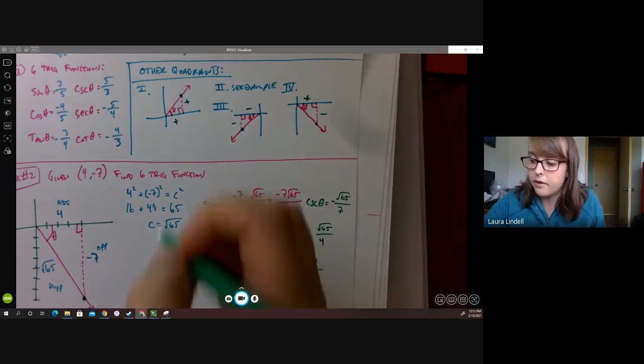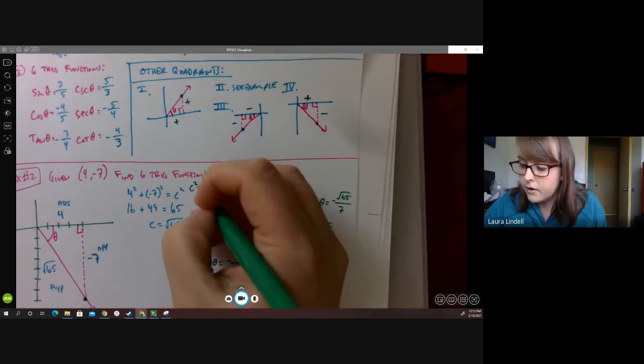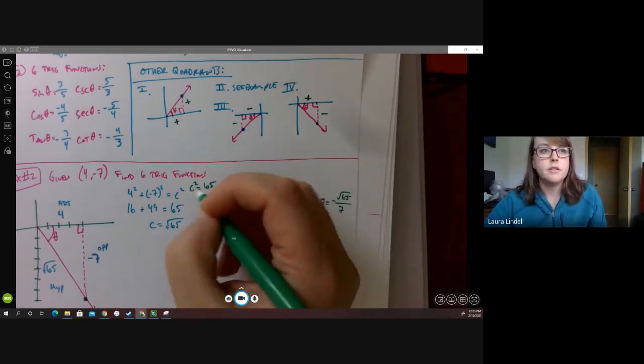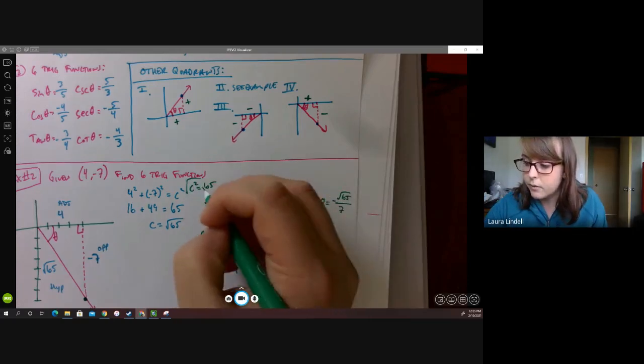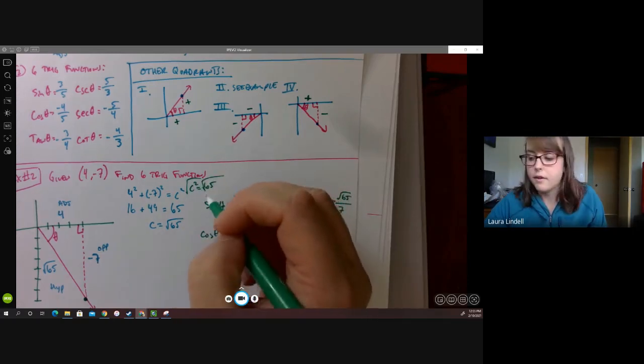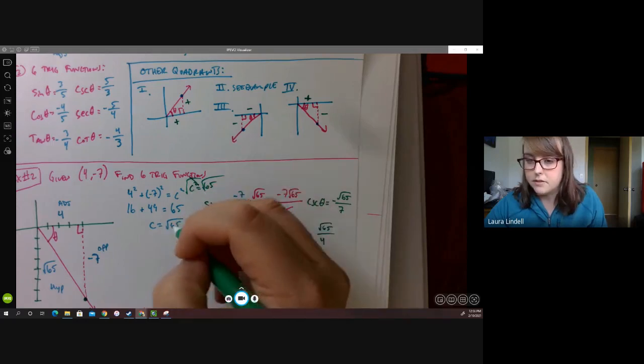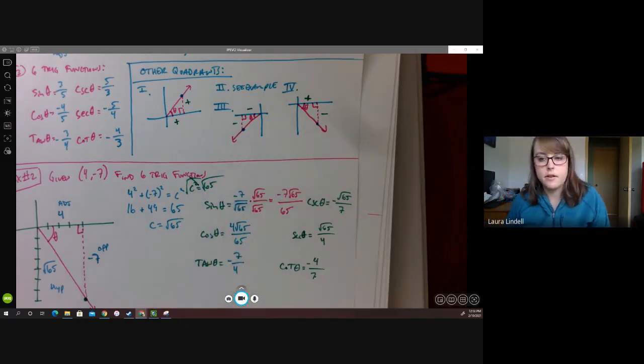So really what we have here is that c squared is equal to 65. So then to get c by itself, we have to take the square root of both sides, because then that'll cancel and we get c is the square root of 65. Yeah, no problem. Kind of like in the one up above where we got 25 was equal to c squared, so then we took the square root of both sides to get 5 equals c. Good question. Yeah, I kind of skipped that step there.